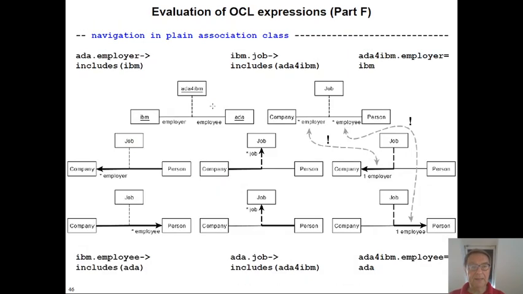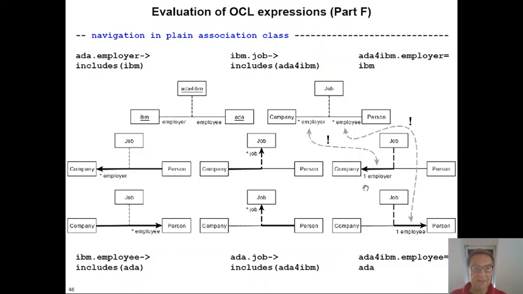And this is exactly reflected here in the other example, where you have the one multiplicity when you navigate from job with employer to company and from job with employee to person. In the class diagram, you write down the star here, but these multiplicities are the ones that you are using when you go from person to company or from company to person.